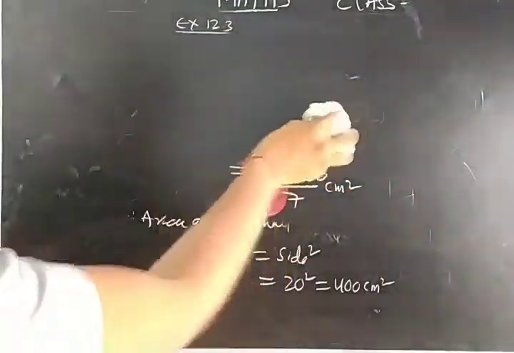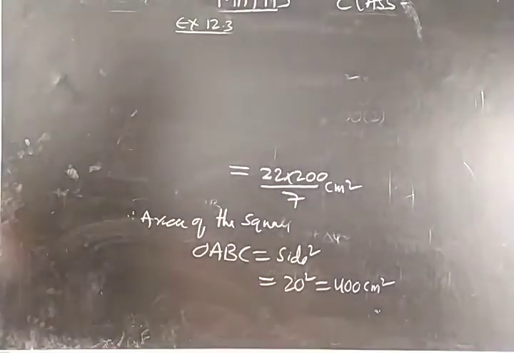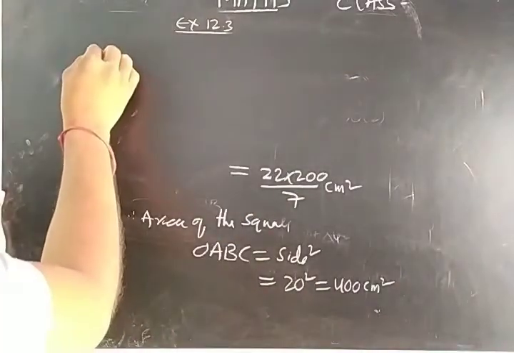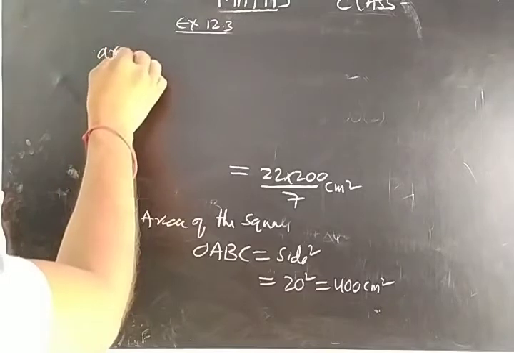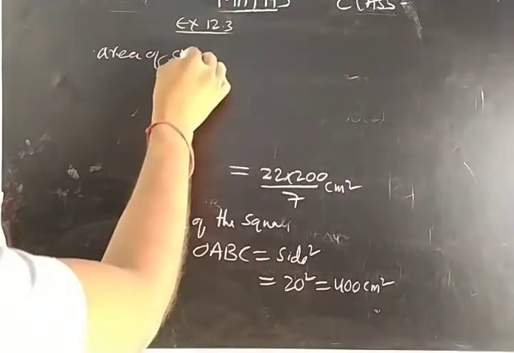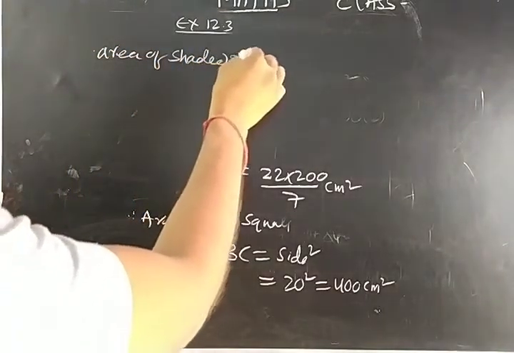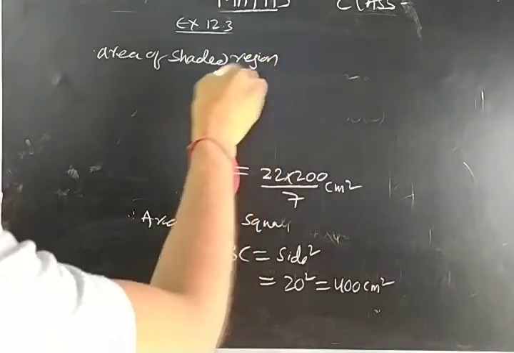Now I need the required shaded region area. How to get it? From the sector area, subtract the square area. Now area of the shaded region. How to get the area of the shaded region?